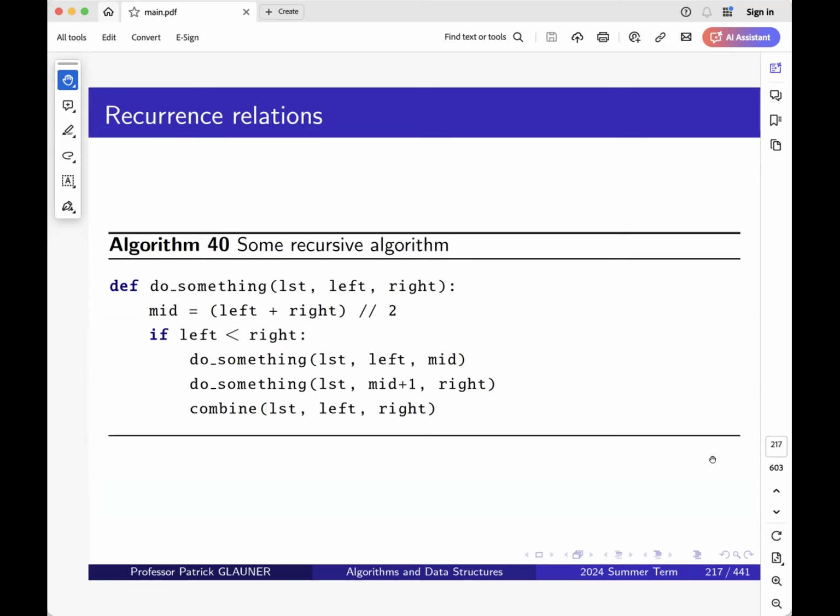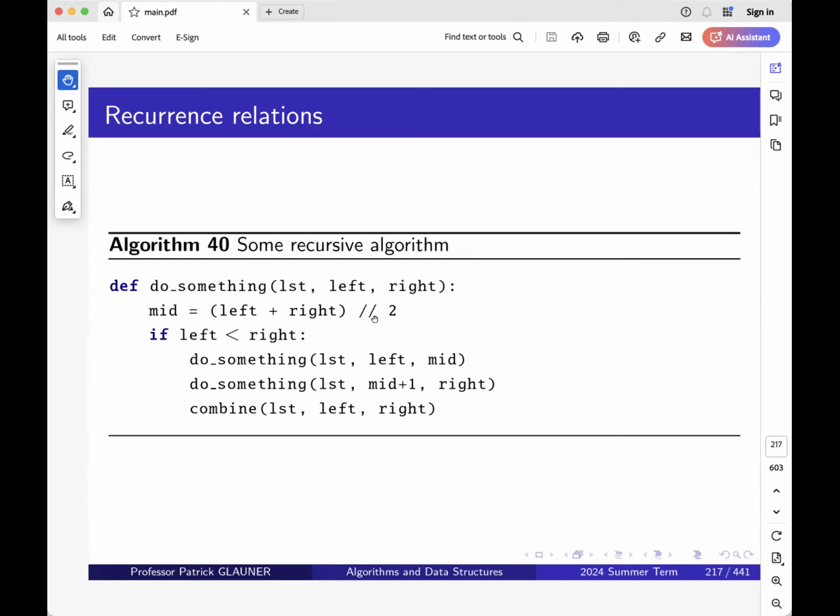And today, we will quickly look at this, and we will see that we have an algorithm here that is called do something. And do something works on a list, and we have a left and right index.